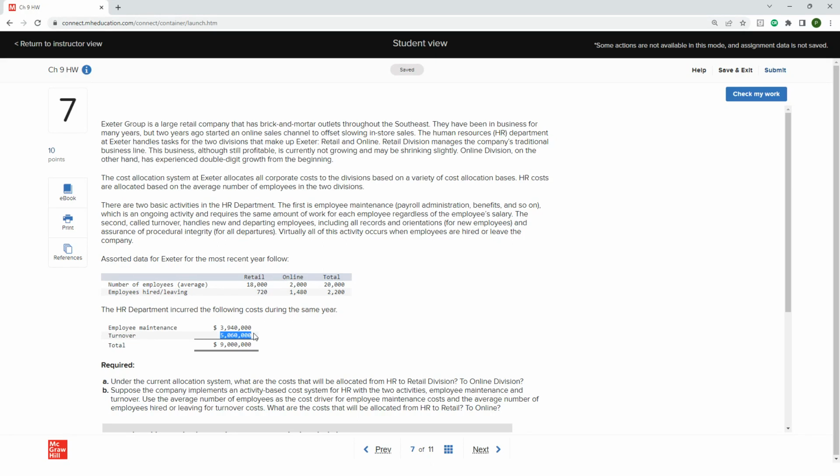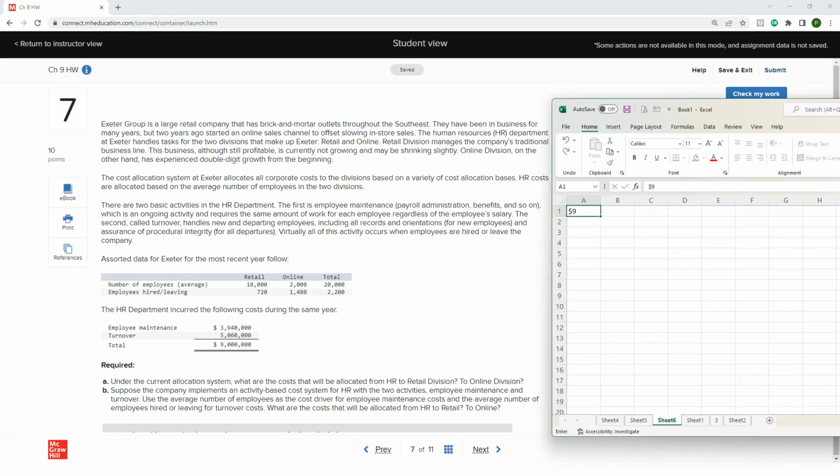The question tells us that we allocate the costs based on the average number of employees. So we have $9 million HR costs allocated over 20,000 average employees. That's $9 million total HR costs divided by 20,000 average employees, and that gives us $450 per employee.